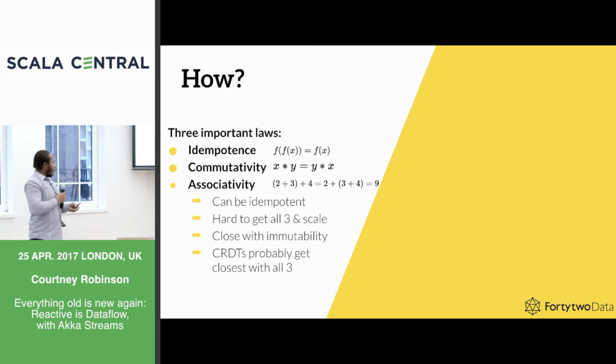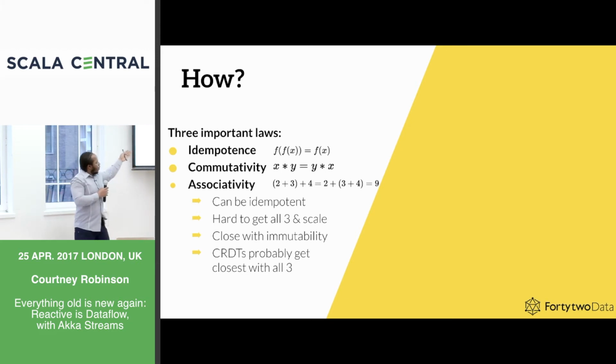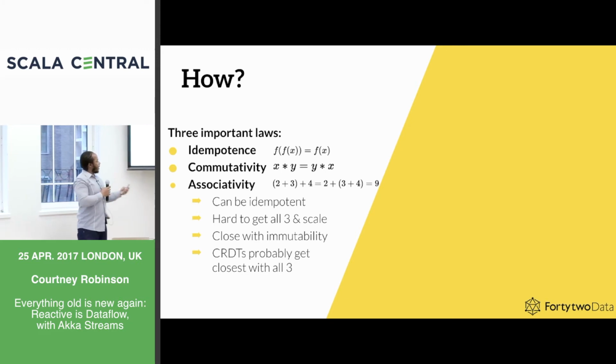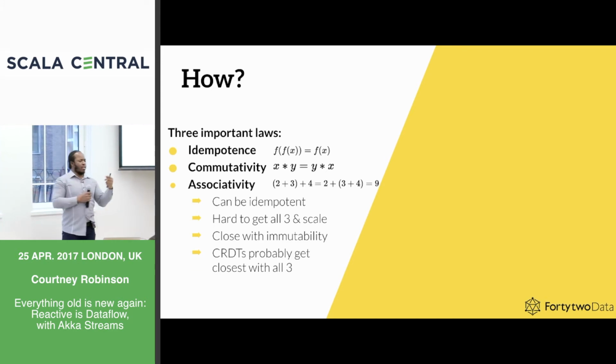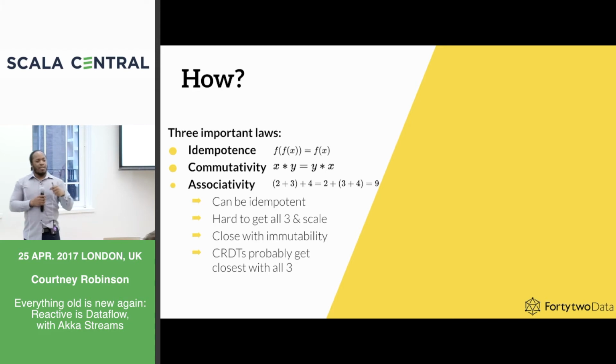Probably the thing that comes closest to achieving all three and still scaling, and it's relatively newish research, is CRDTs. If you're not familiar, that's conflict-free replicated data types. But that's not very applicable, or it would take a lot of work, I should say, to rebuild the platform to be CRDT-like or provide CRDT functionality.